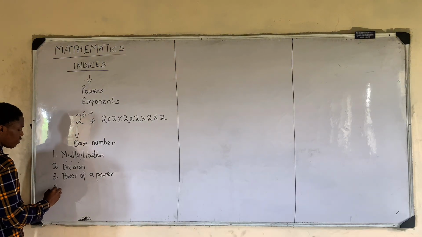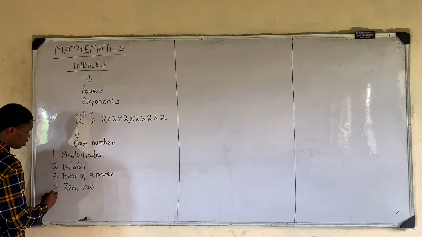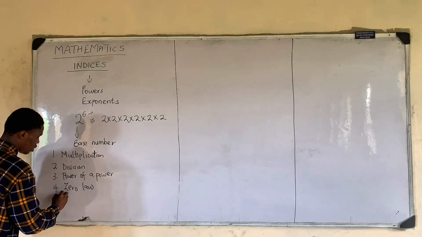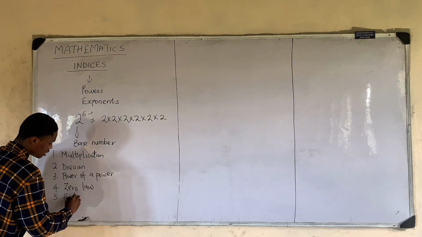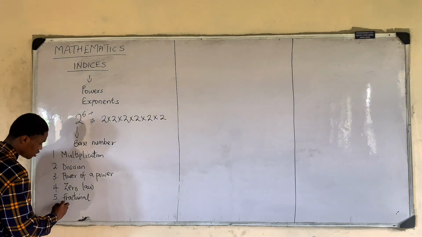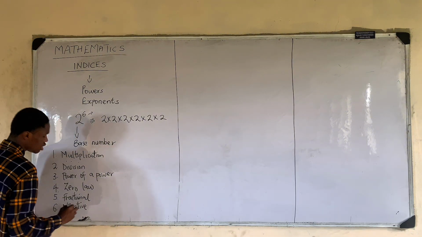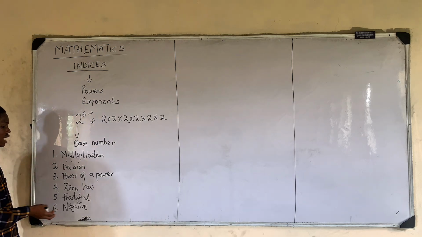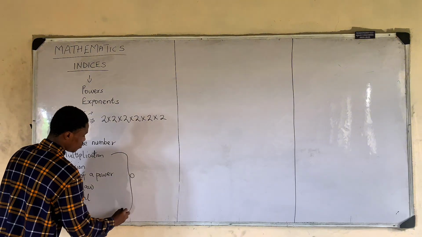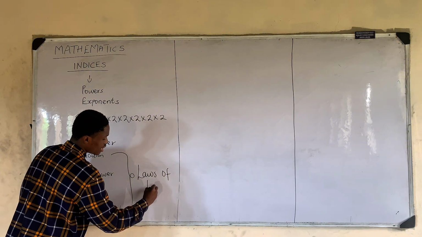The fourth one is the zero law. The fifth one is the fractional indices law. The sixth one is the negative index law. So these are the basic laws we have under indices.